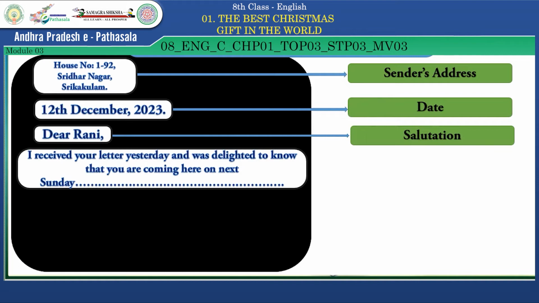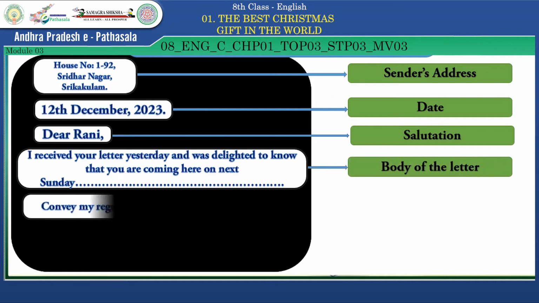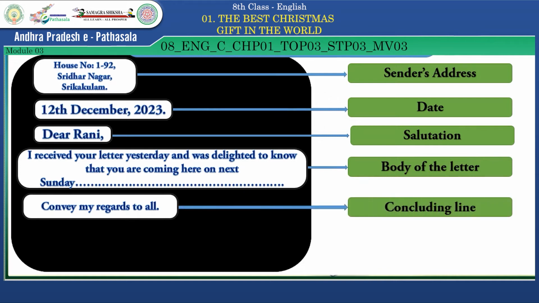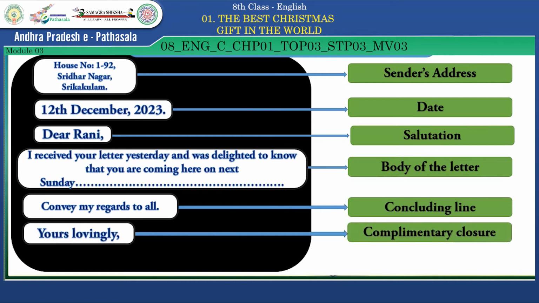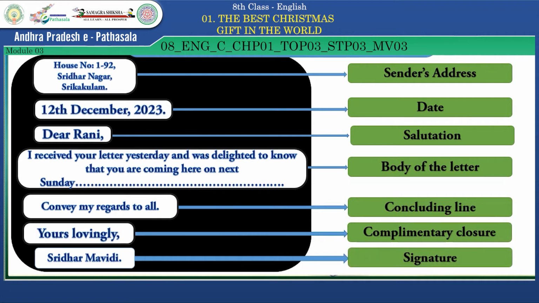I received your letter yesterday and was delighted to know that you are coming here next Sunday, and so on. It is the body of the letter. Next, convey my regards to all, the concluding line. Yours lovingly, complimentary closure, and finally Sridhar Mavidi, signature. So I hope you have understood the format of an informal letter.